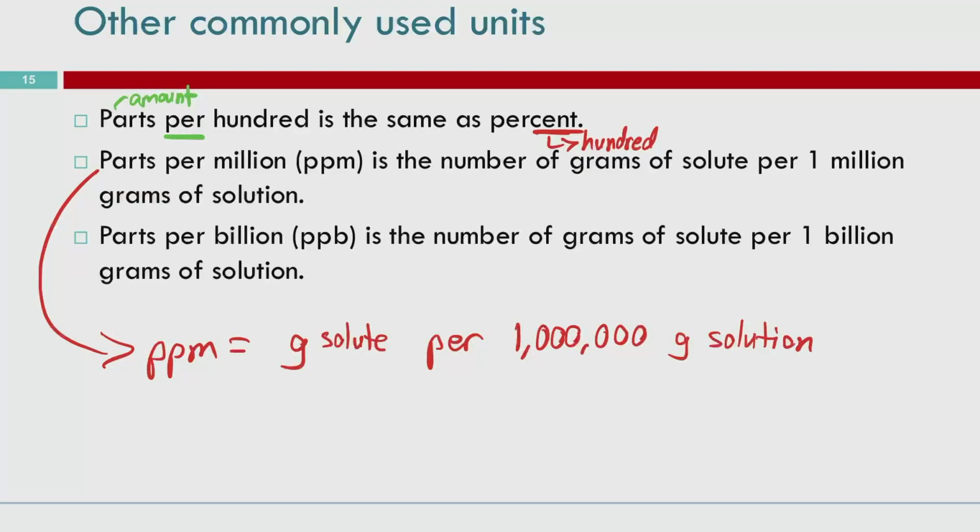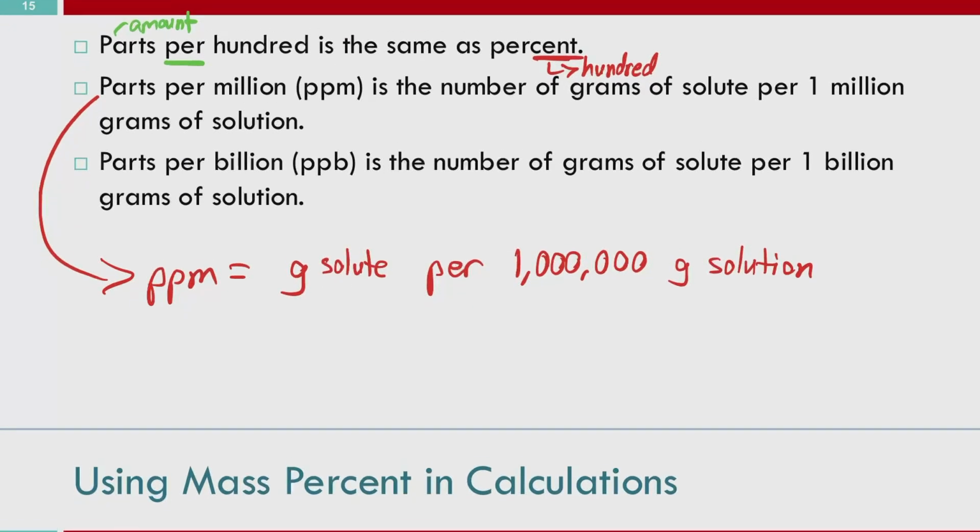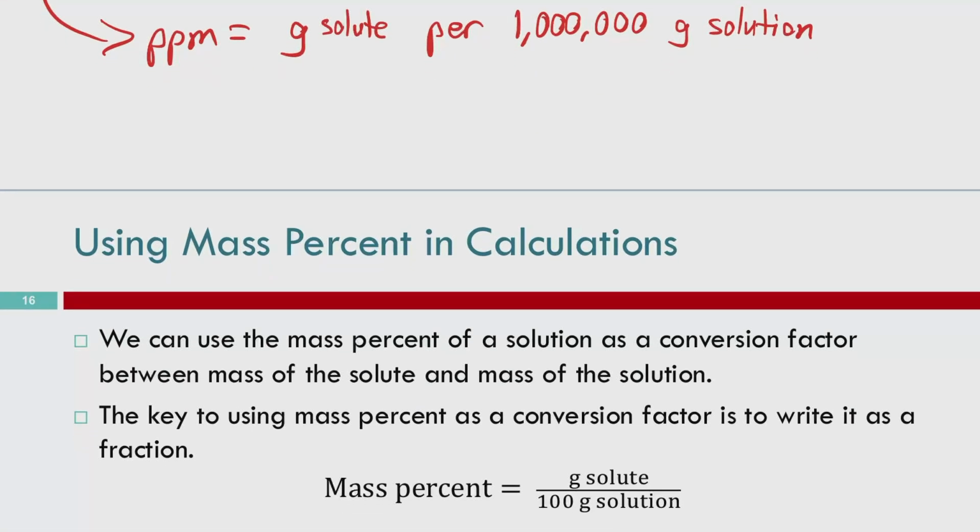You could also represent it as something that's a millionth of a gram, so micrograms per gram, nanograms per milliliter or milligram, stuff like that. It's not super important. We won't really be testing you on that in this class.